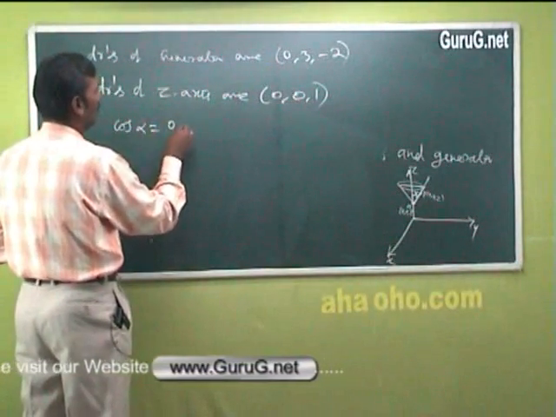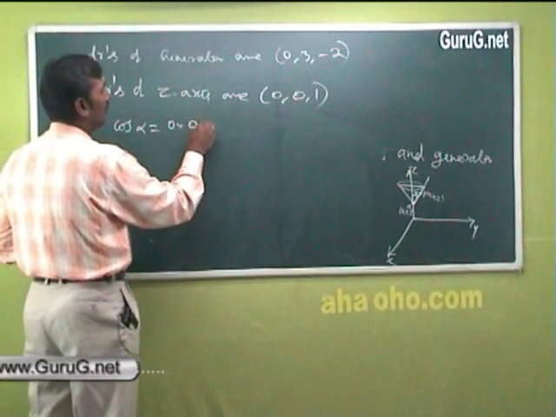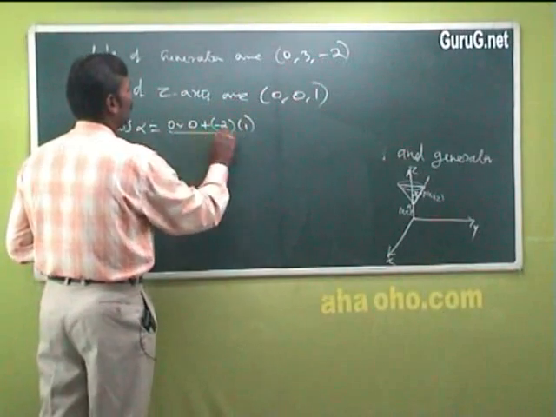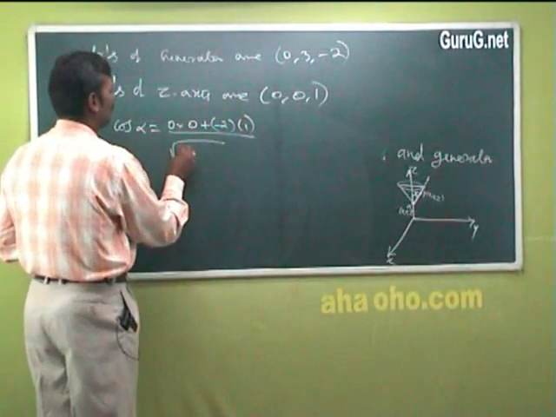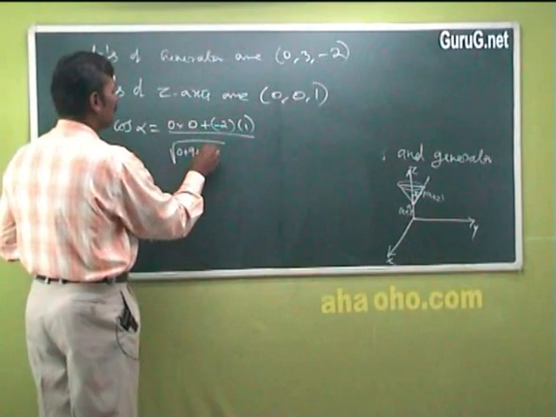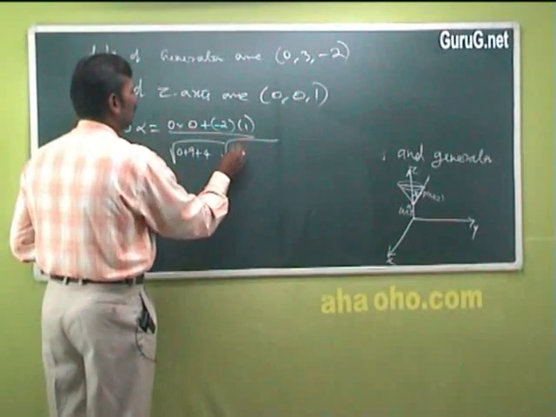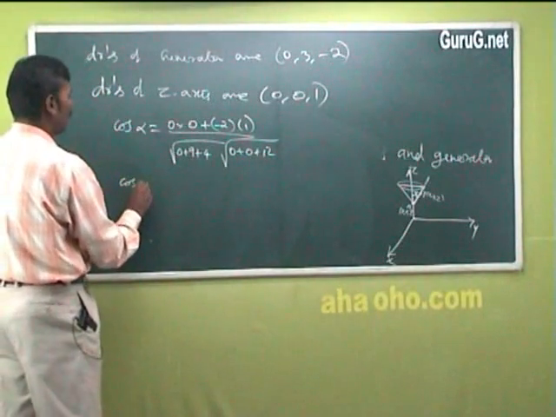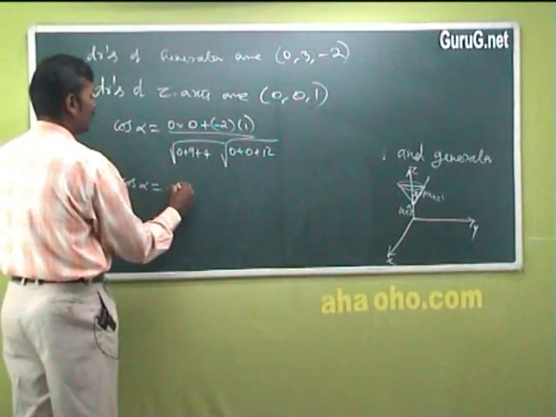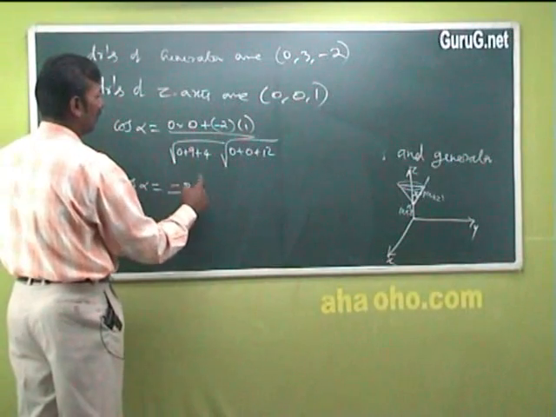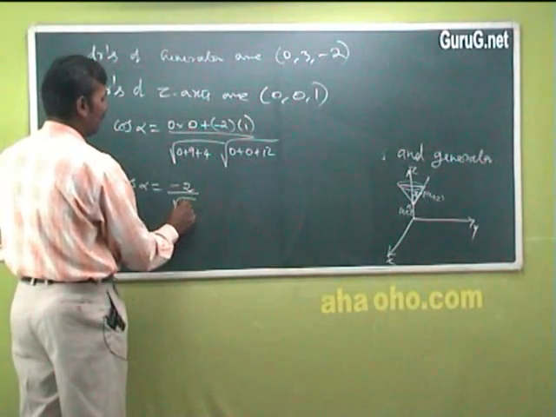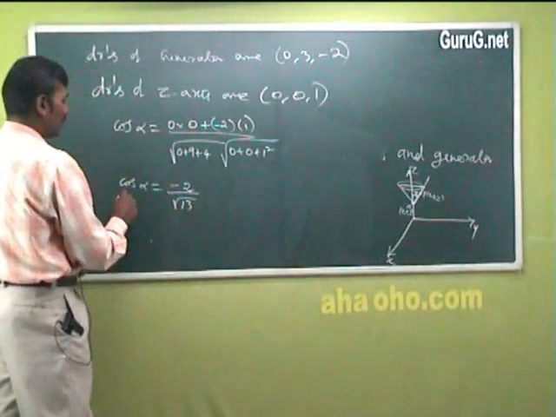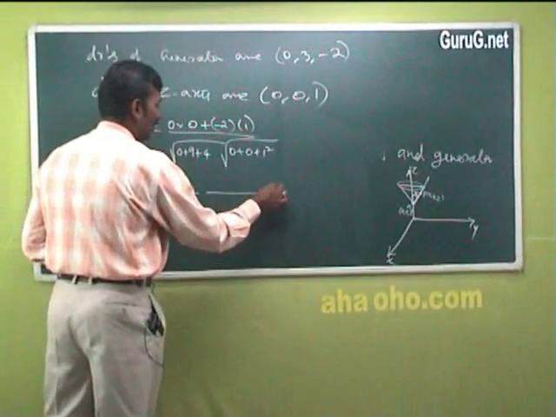So 0 into 0 plus minus 2 into 1, by root of 0 square plus 3 square plus 2 square and root of 0 plus 0 plus 1 square, which is nothing but 1. So cos alpha equal minus 2 by root 13.